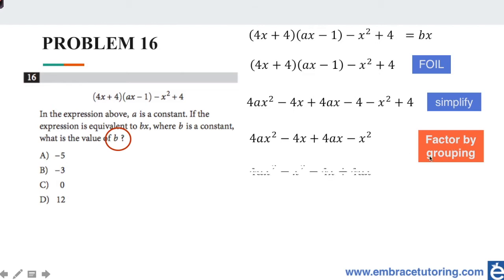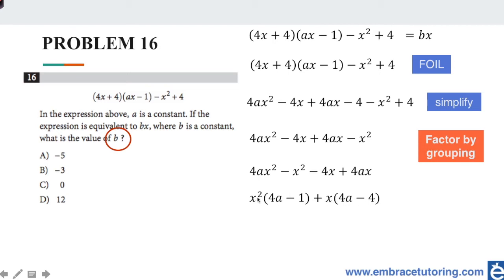So I'm going to factor by grouping, and when I do this, I get 4ax squared minus x squared minus 4x plus 4ax. What you'll notice is I simply moved my minus x squared closer to my 4ax squared. The reason is that now I can factor out my x squared from 4ax squared minus x squared, and I get 4a minus 1. And likewise, for my minus 4x plus 4ax, I'm going to factor out my x, and now I have x times 4a minus 4.